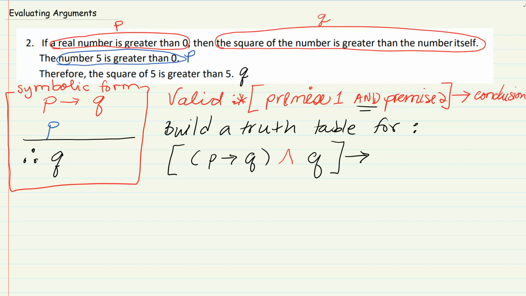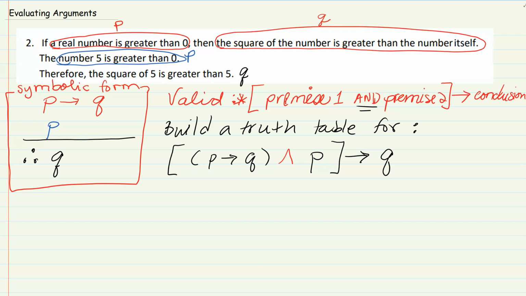That implies, oh my goodness, that is Q. I'm sorry about that. If you are somewhat dyslexic like me and get P and Q confused, use A and B instead. That might help. Okay, so we need to build a truth table for that, and then ask: is it a tautology?